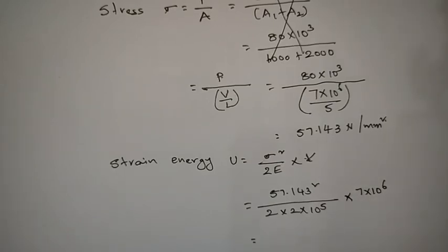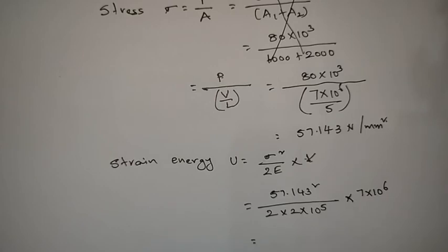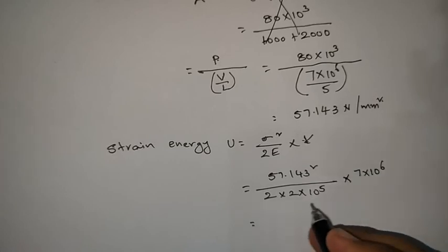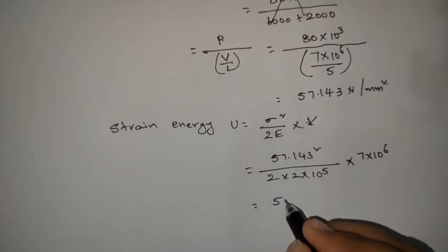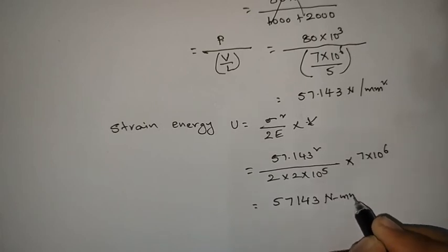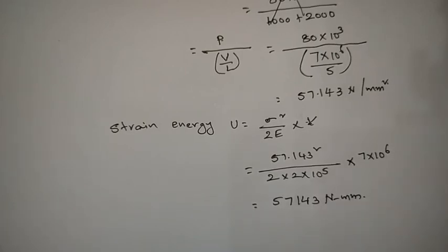So then this will be equal to 57,143 Newton mm. So this is the strain energy for a uniform bar.